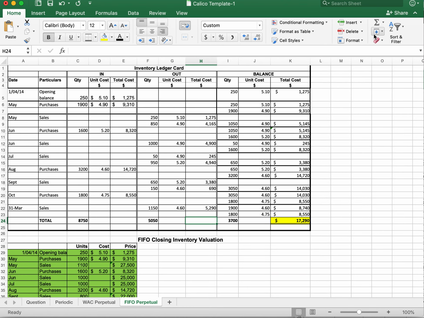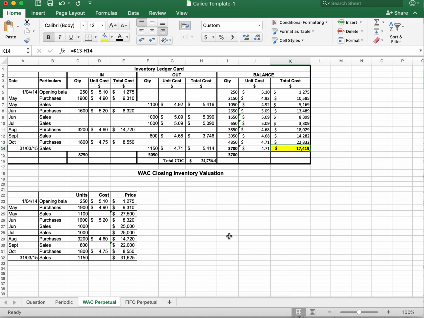So I wonder what the cost of goods sold is. I suppose it should probably just be a little bit different as well. Okay, so there's that one there. That's the cost of goods sold using FIFO Perpetual. Okay, there's the cost of goods sold using the WAC Perpetual.